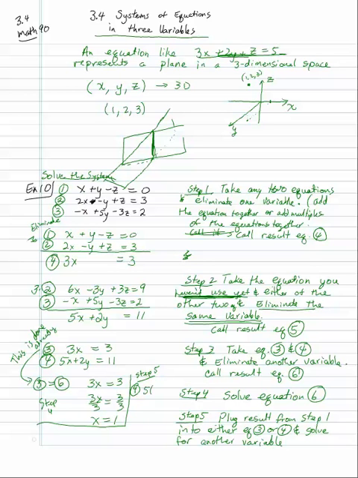So I'm going to plug in 1 for the x and solve it for y. So subtract 5 from both sides. That's 6. Divide both sides by 2. So y equals 3. So again, remember our solution is going to be a point, an x, y, and a z. So now, let's go to the next page.